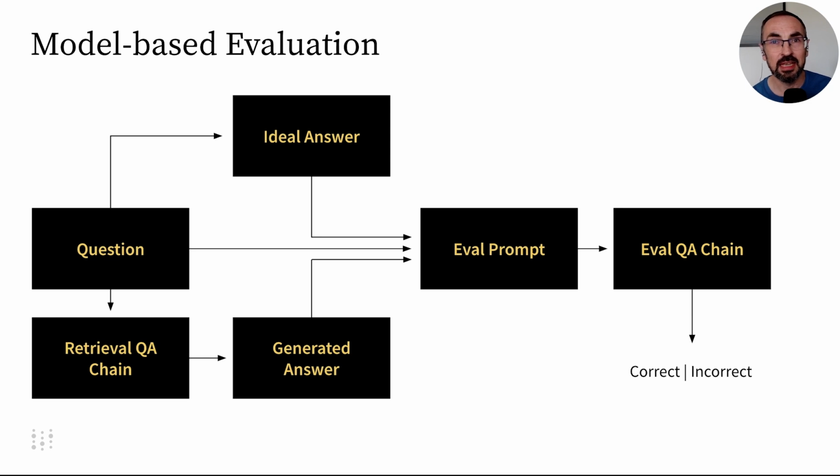We can also use a synthetic dataset, like the one we created in a previous module. We feed this dataset to our application, which generates an answer. The evaluation LLM then judges if a generated answer is correct, which we can summarize as an overall accuracy metric.